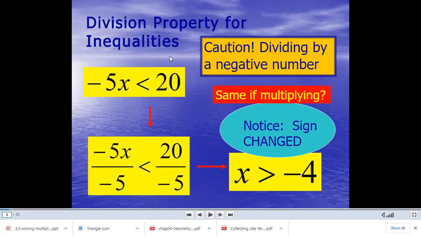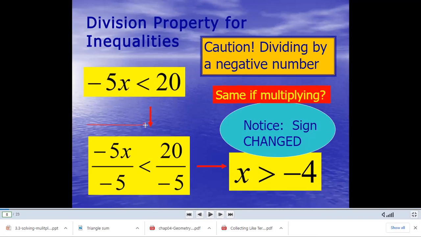How can we express the answer by using a number line? When we have a number line, where will we stand? The answer here is negative 4, right? So you will stand on negative 4, and will we move to the right or to the left?